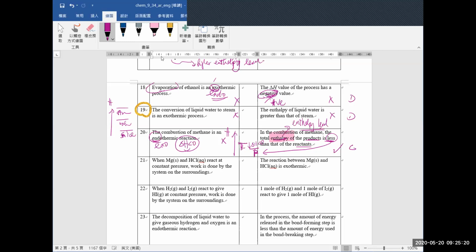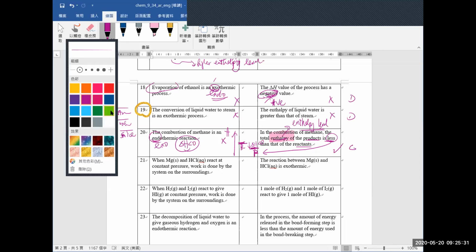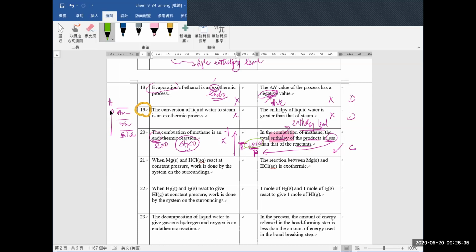Enthalpy level refers to just this line. But if you want to talk about enthalpy change, it's another concept. Enthalpy change is this part. You make a difference between the two. So in this case, you talk about enthalpy level.